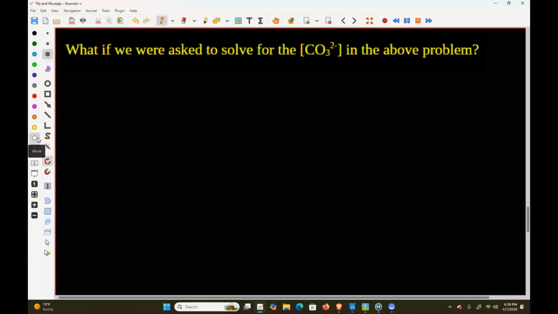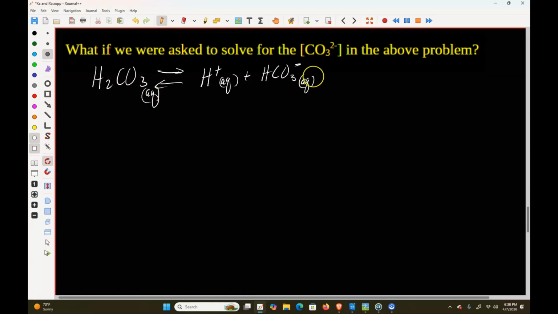Okay, sometimes you're going to be asked to solve for CO3 2 negative in a problem like this. All right, well, what happens is, in the first, I would have H2CO3. All right, that's the first proton going away.